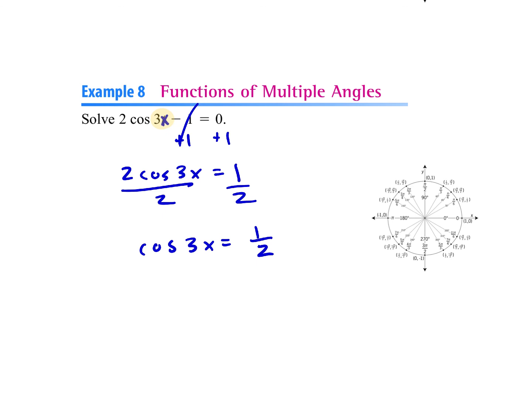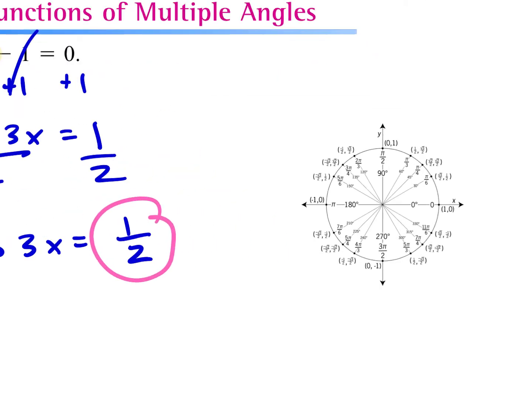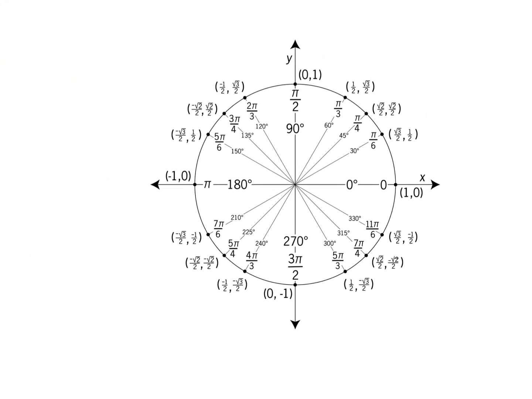So now I can look at the unit circle. So what value am I looking at the unit circle here when I'm dealing with cosine? The x values. So I'm looking, where is my x value 1/2? Pi over 3, and where else? 5 pi over 3.